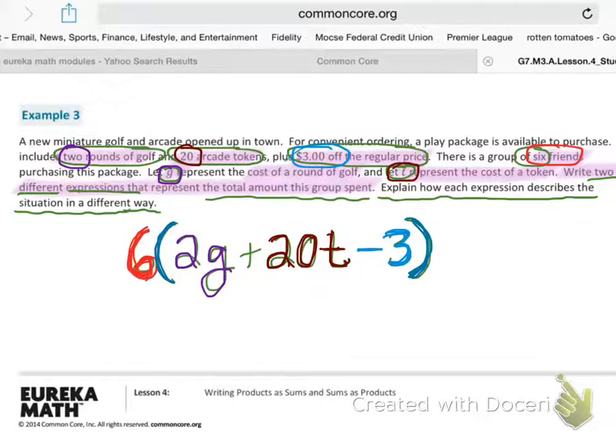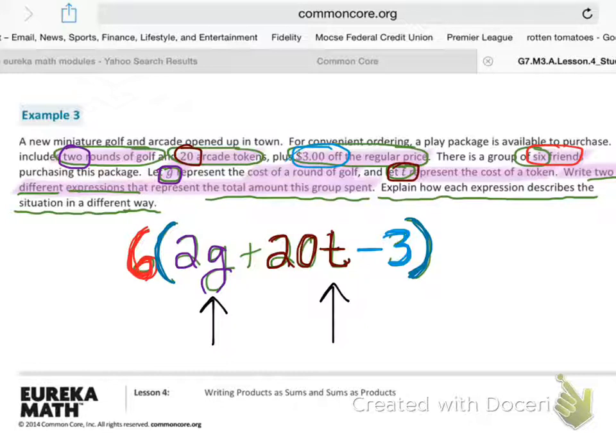So this G represents the cost of a round of golf, and this T is the cost of a token, right?